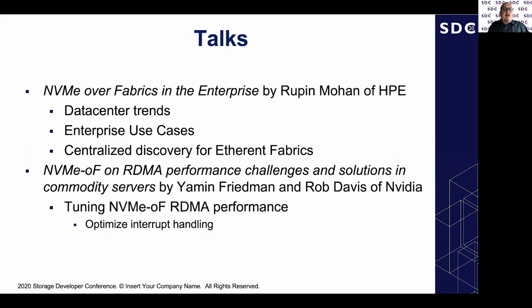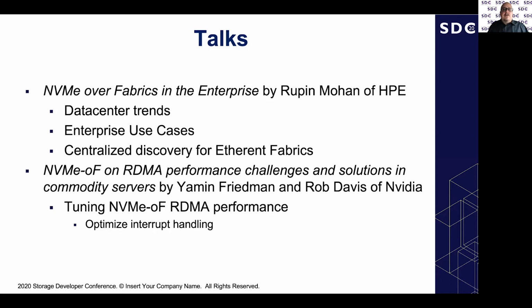The first one I put down is NVMe Fabrics in the Enterprise. This is a good talk which gives you a look at the current data set or trends, and some enterprise use cases for NVMe Fabrics. It also goes into the new work to create a centralized discovery mechanism for Ethernet fabrics.